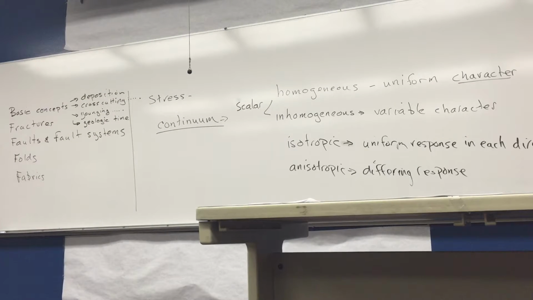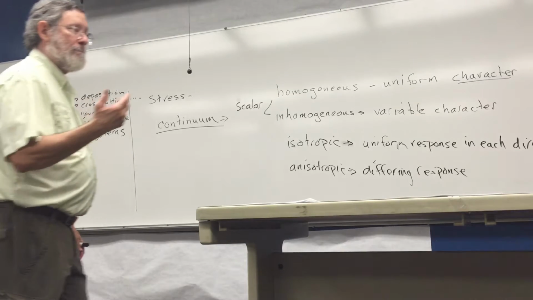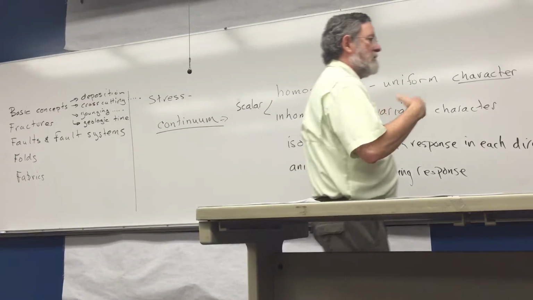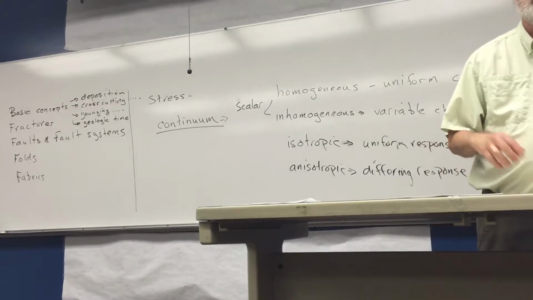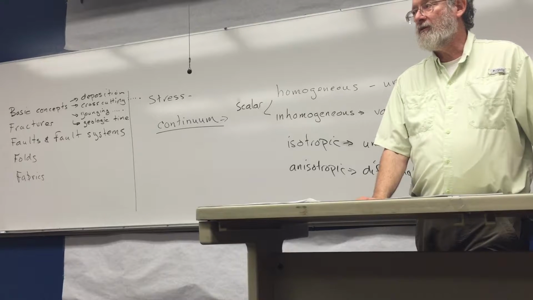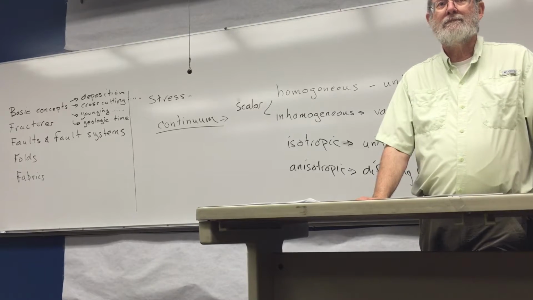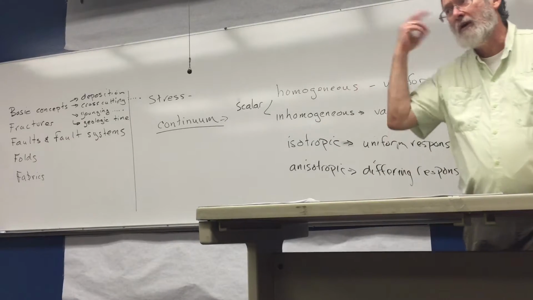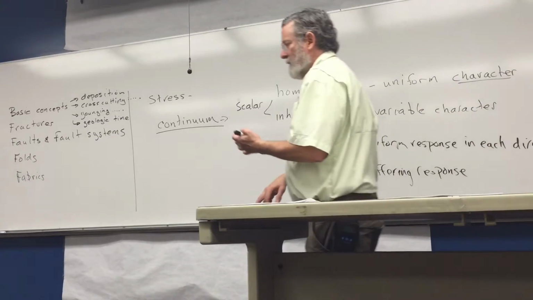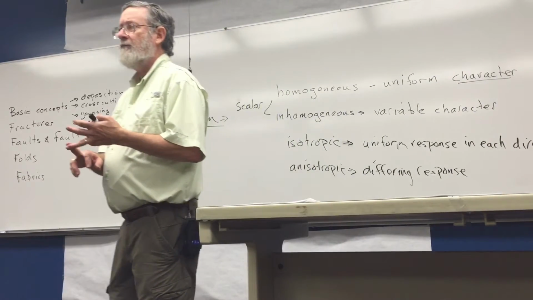Now, here's where it can get a little bit hard. If we were to go to a granitic outcrop, would you describe the granite as homogeneous or inhomogeneous? A granite, if you recall, is going to contain a little bit of quartz, some feldspar.